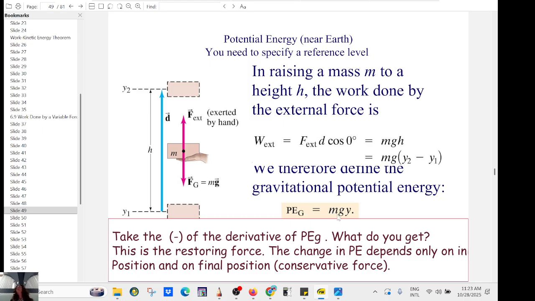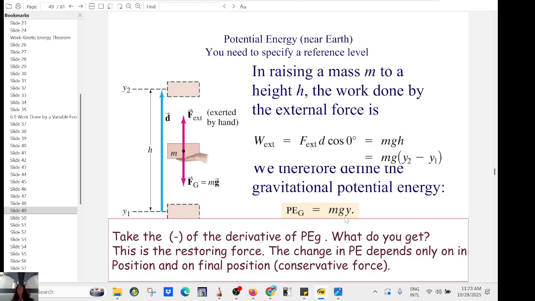If you take the derivative here, what do you get? mgy. If you take the derivative as a function of y, mgy, what do you get? mg, which is the weight, which is the restoring force.